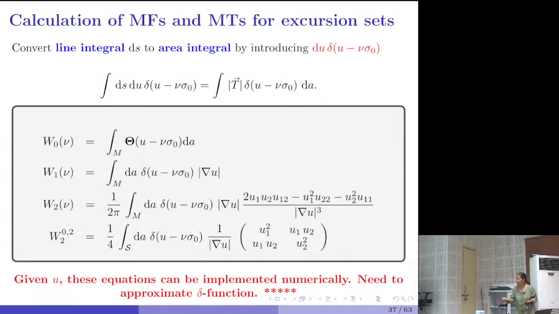Sorry, this should be m. M is my manifold. Given a random field u, or any function actually, these equations can be implemented numerically. Now we need to numerically approximate the delta function and include that in our calculation.